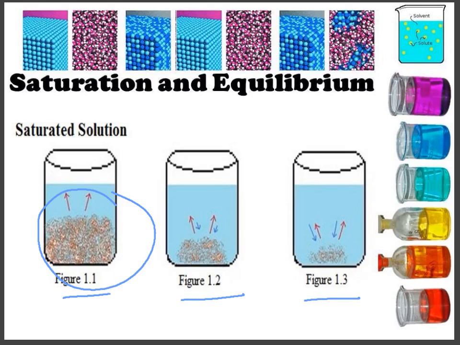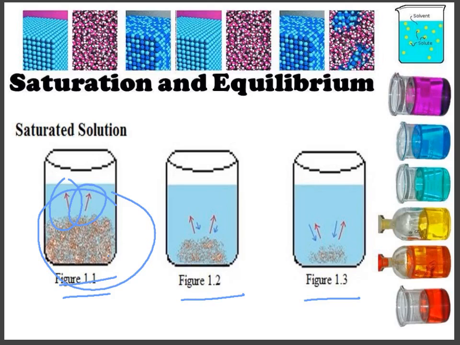For figure number 1, the solute is already starting the process of saturation, where the solute starts to dissolve, represented by the red arrows. So these arrows are representing the process of dissolution for the case of the solid solute.